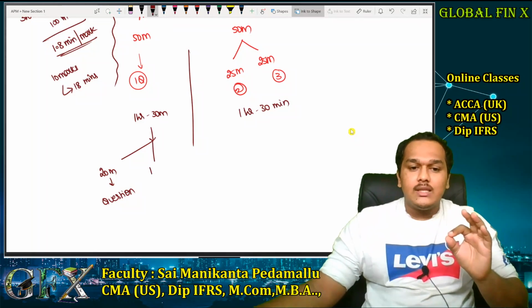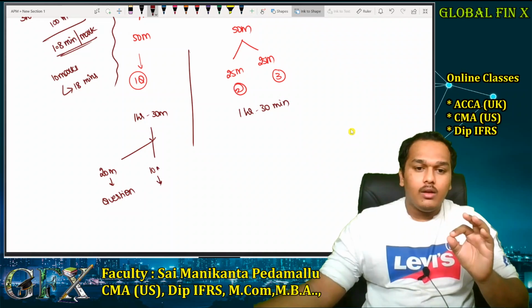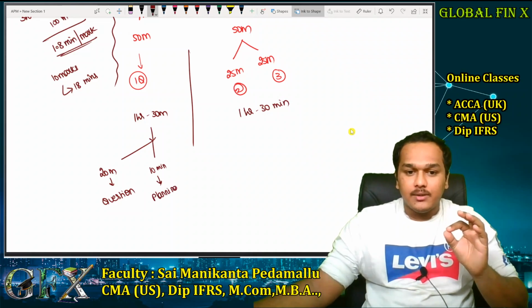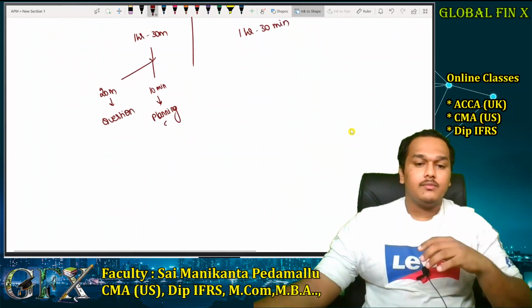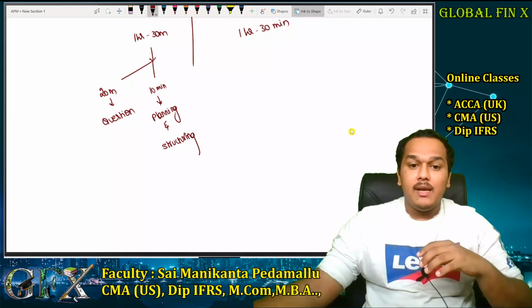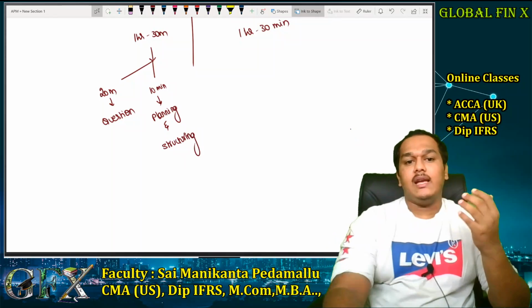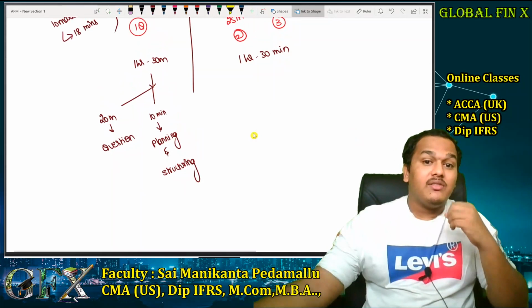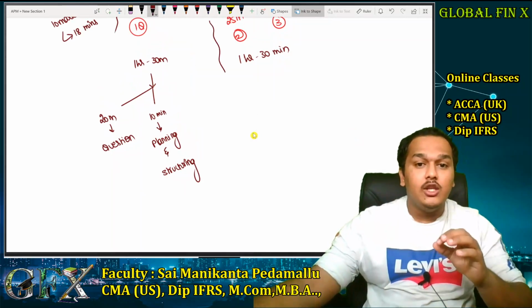Then 10 minutes you take for planning and structuring your answer. It may seem like, sir, what are you saying, you asked us to literally spend 30 minutes without even writing the answer. Absolutely fine.